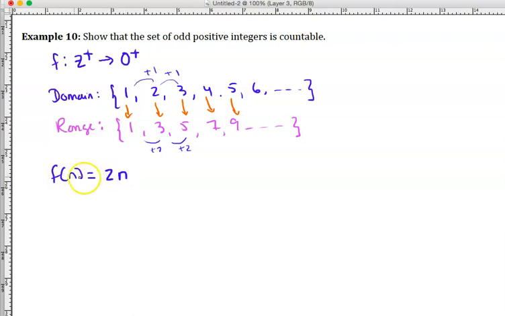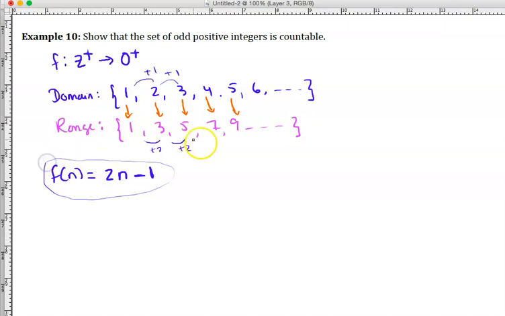So the function is going to be 2n, but we have to make sure we have the right y-intercept. When n is 1, this has to be 1, so we subtract 1 there. When n is 1, the output is 1. When n is 2, 4 minus 1 is 3. So here's my function.